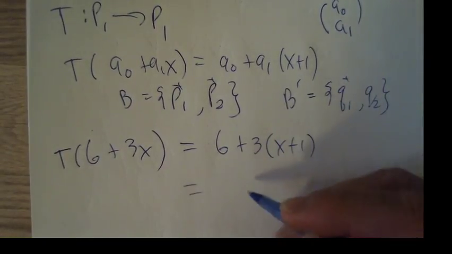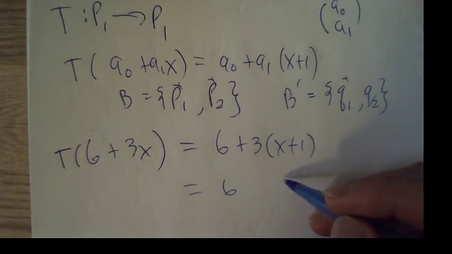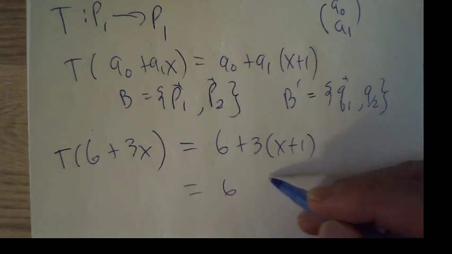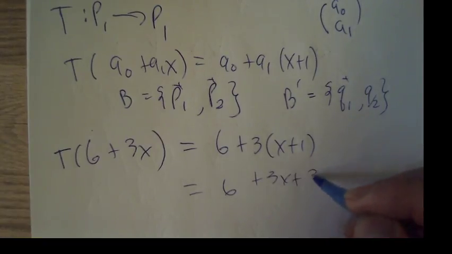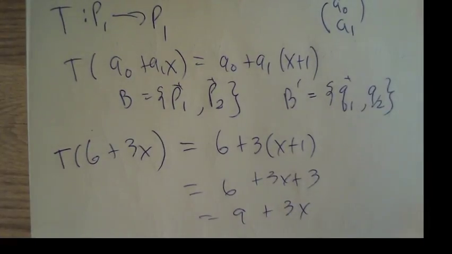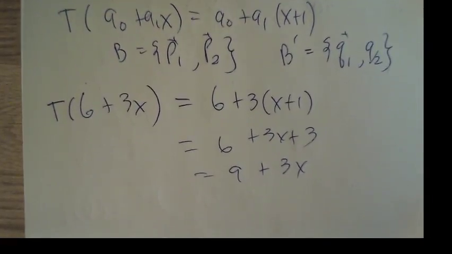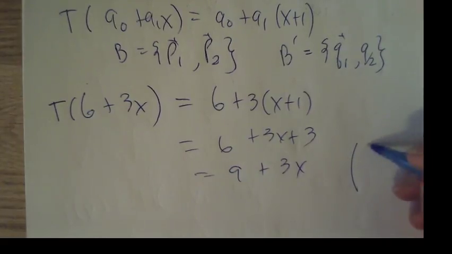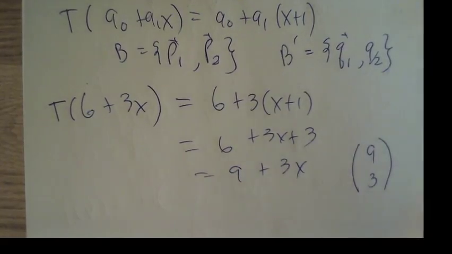That gives me 6 plus 3x plus 3, so we get 9 plus 3x. In other words, as a column vector, I'm going to think of it as 9, 3.